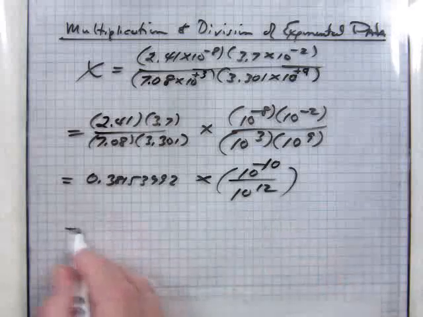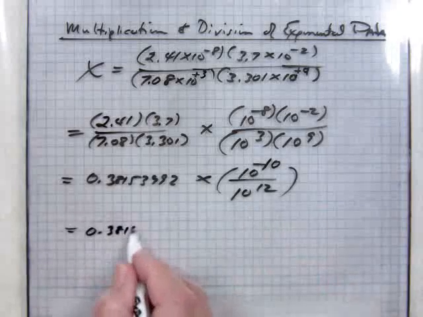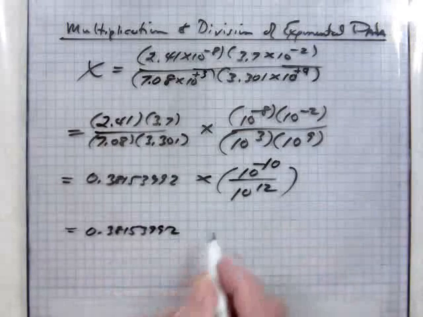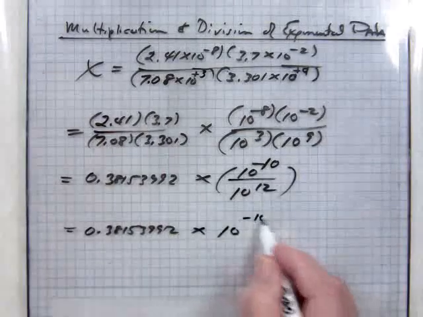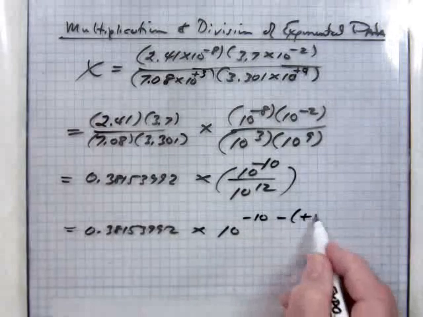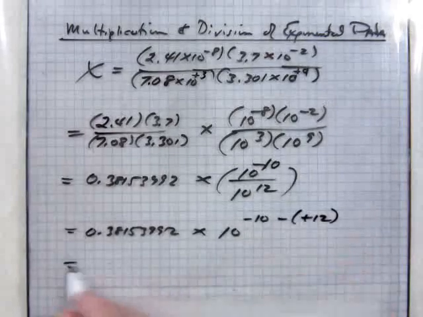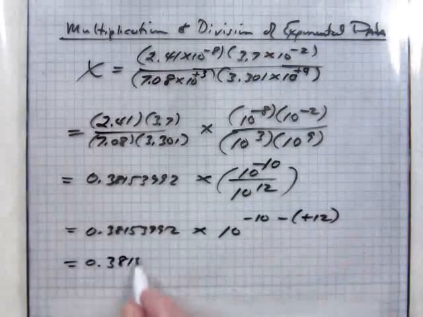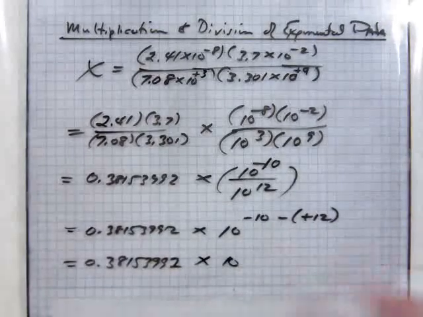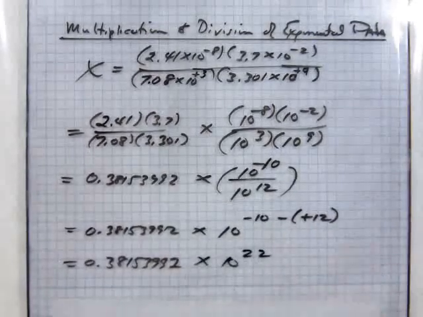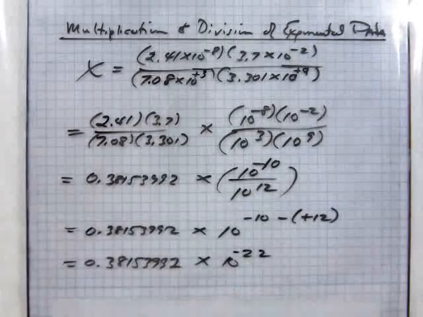So I'll subtract them this time. Minus 10 minus a plus 12, and so this ultimately works out to 10 to the minus 22.